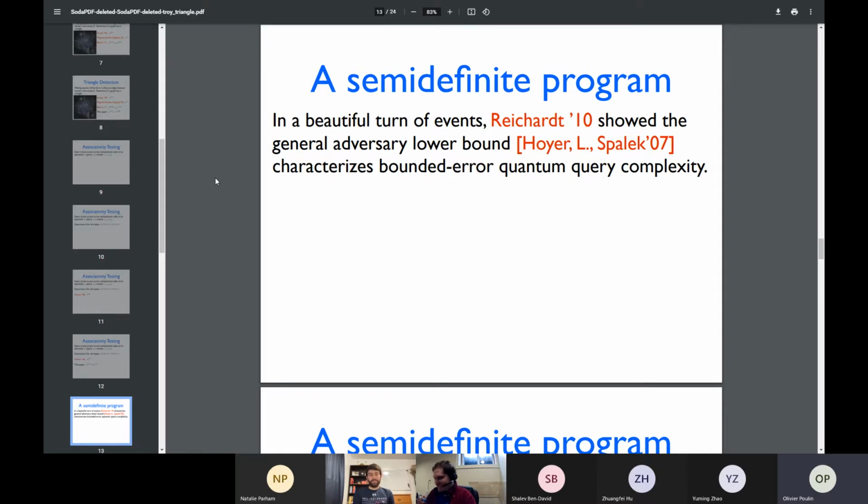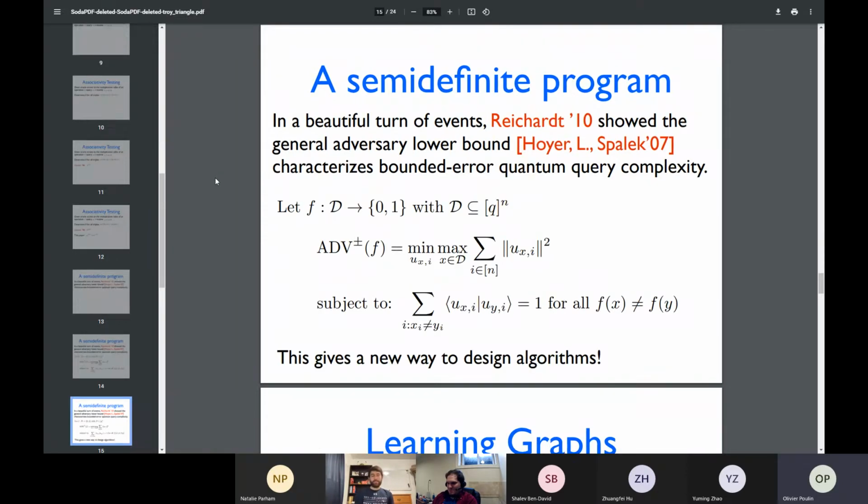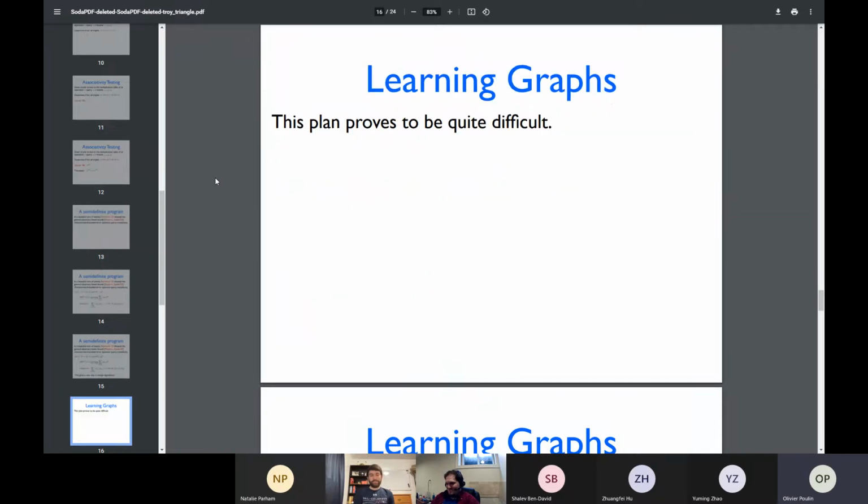And this general adversary bound can be written as a semi-definite program. So this gives a new way to design algorithms. And so they use this knowledge to use SDPs.